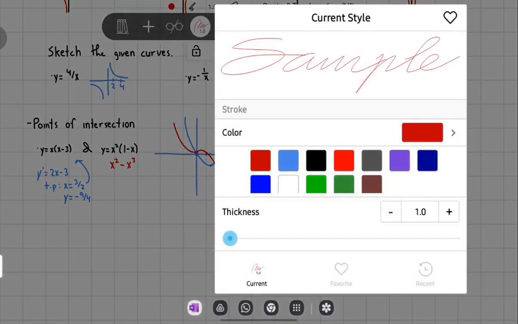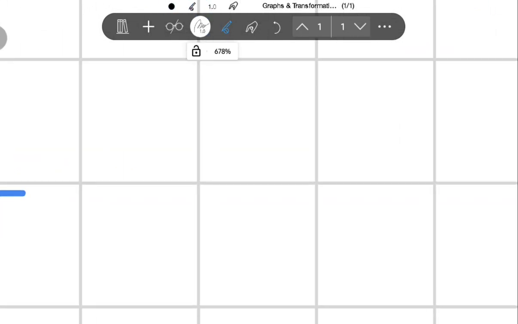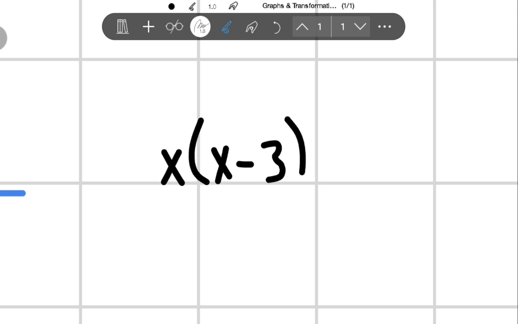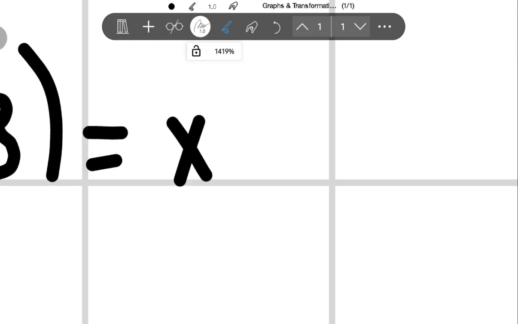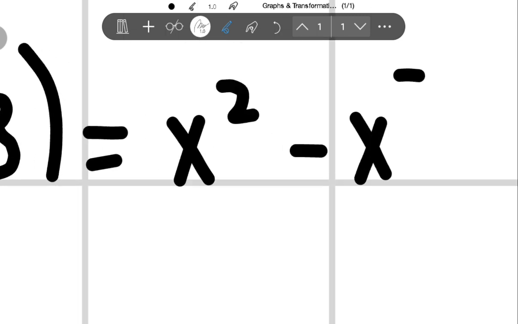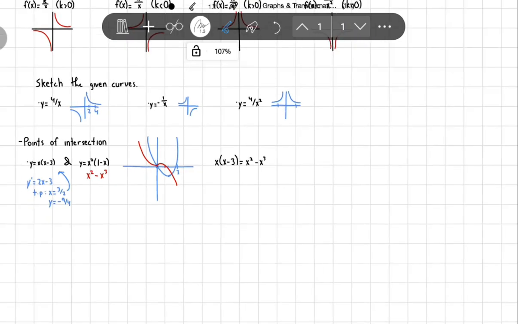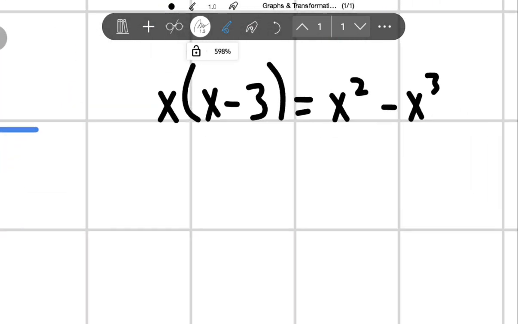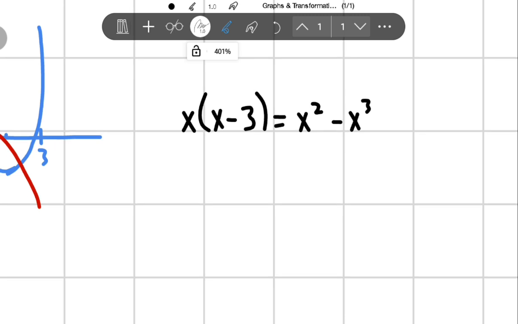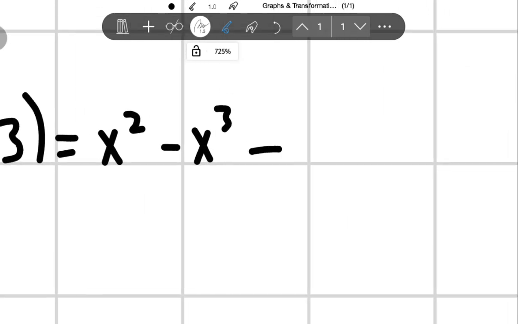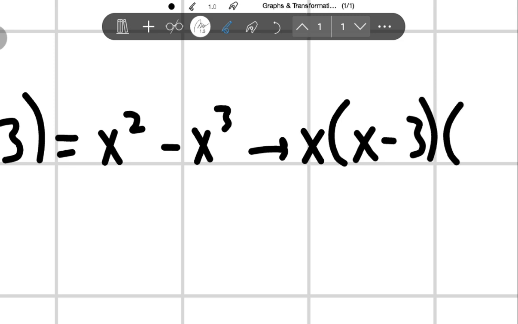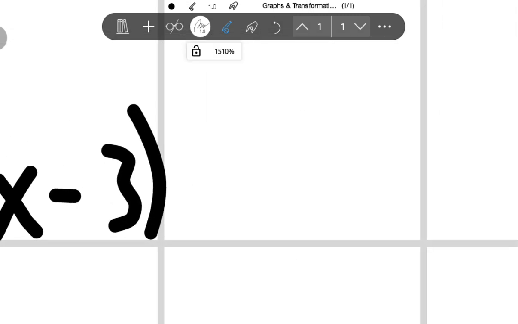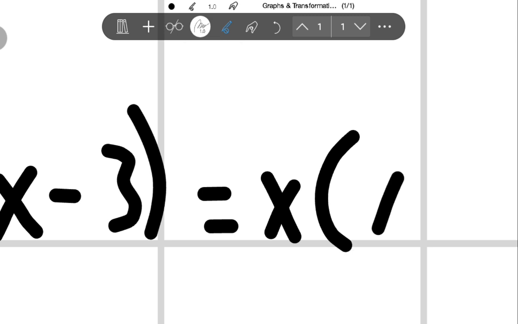So now if we were to solve for them exactly, we set x squared minus 3 equal to x squared minus x cubed. Am I correct? Yes. So I think we could take x as a common factor here. So we have x minus 3 equals x minus x squared.